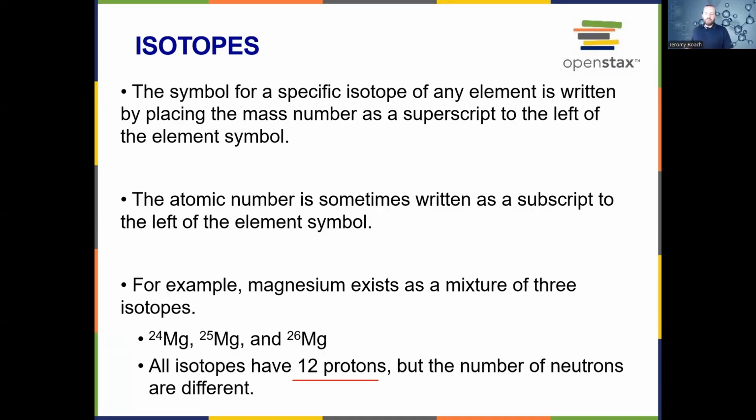It's essentially the average, but we calculate it a little bit different than just the average. We would use the weighted mean calculation. But these isotopes all have different numbers of neutrons in them. So they all have the same protons, but these other isotopes have more neutrons than magnesium 24.